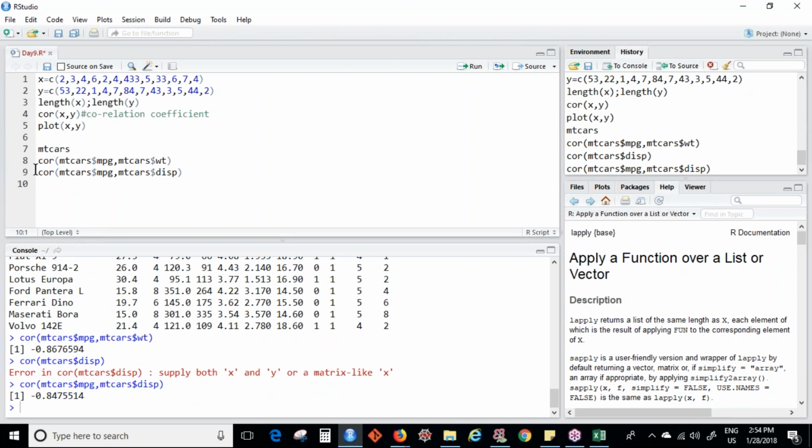So that means we should include this as well. So displacement also is an important variable. So this tells us that weight is important to define miles per gallon. Similarly here also, displacement is important to define miles per gallon.